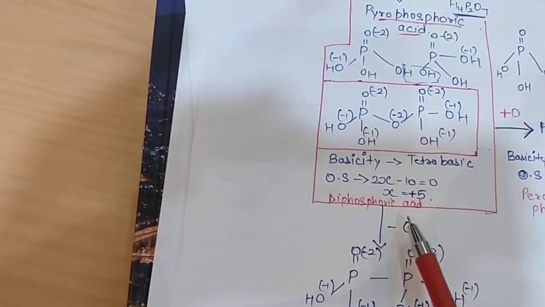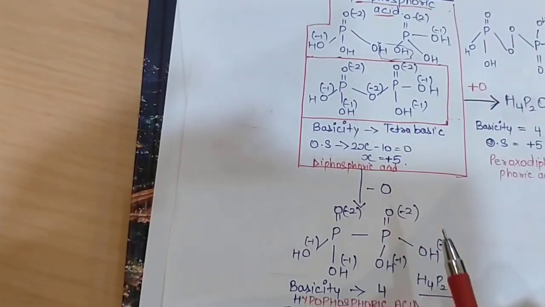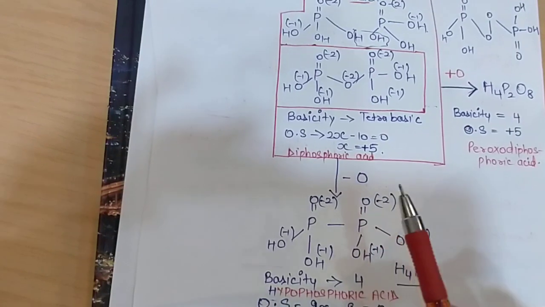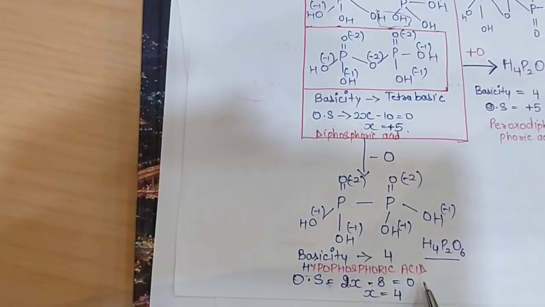And the last acid which we can generate from diphosphoric acid is by removing oxygen, and with the removal of oxygen there is the introduction of the prefix hypo. So this is hypophosphoric acid.